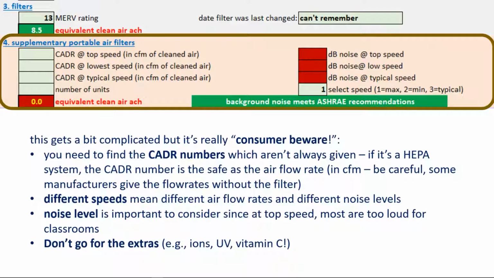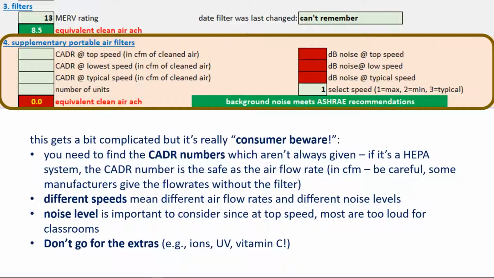But I have seen one of the portable air cleaners that are used in classrooms that calculated the CFM without the filter in it. In the small print, it said it was rated at 400 CFM, but it was actually only about 275 CFM once you put the filter in.